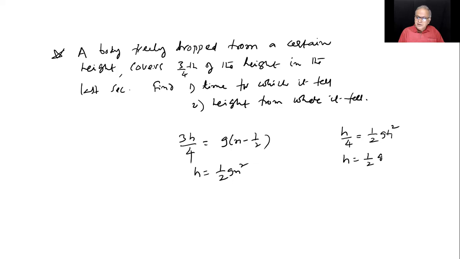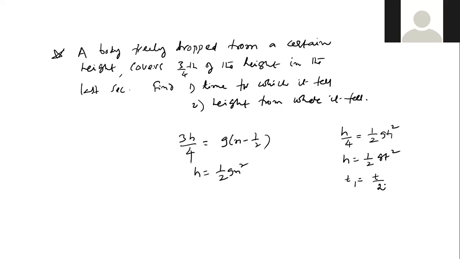Therefore, t1 is equal to t by 2. Right. Then the last 3 by 4th part will be t minus t by 2. That's good. Nice. So that is equal to t by 2, so h by 2 equals what should I write later?